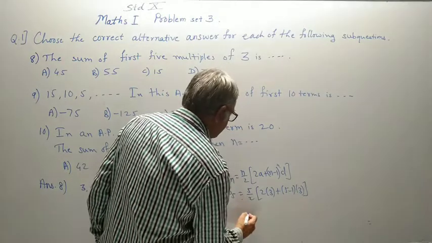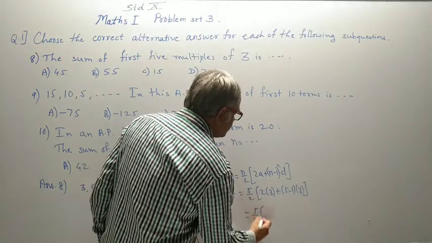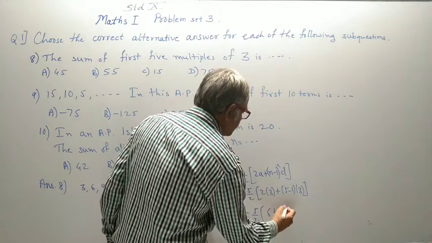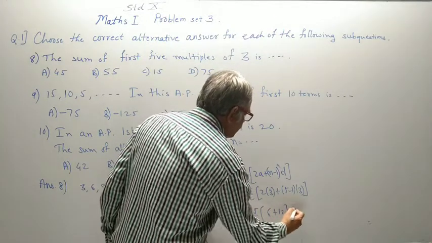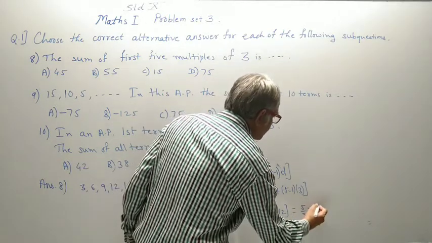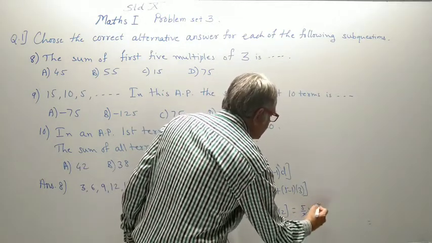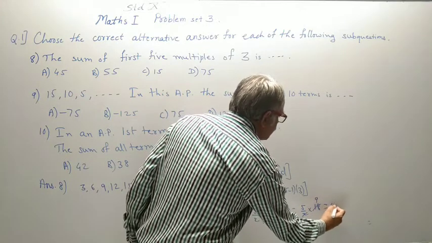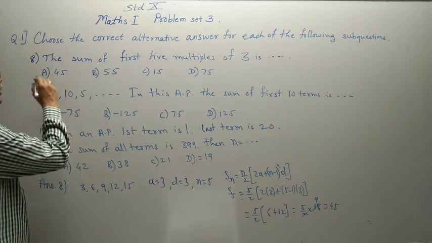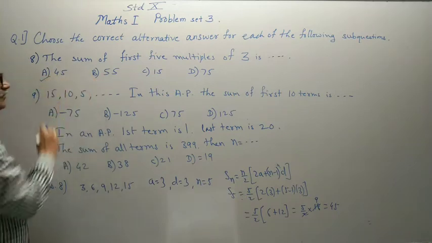That is 5 by 2 into, 2 into 3 is 6, 4 into 3 is 12, 5 by 2 into 18. 2 9s are 18, 5 9s are 45. So what is the answer? 45. This is one method.